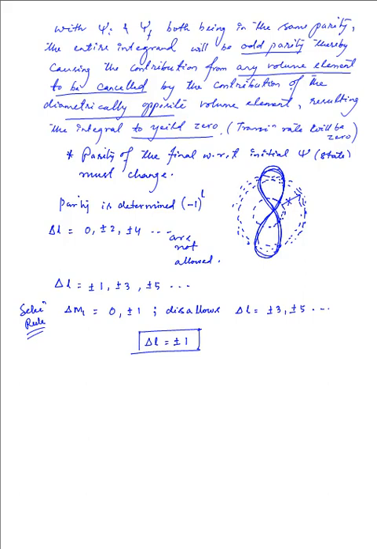The transitions which have been disallowed have occurred, so there's no rule which completely obstructs them or denies such transition. But the probability of such occurrences is very, very less and very unlikely. So this is what we were to discuss about the selection rule and the case of parity.